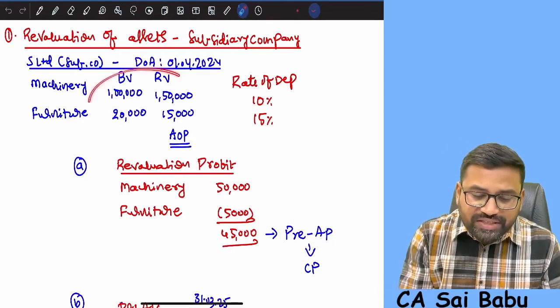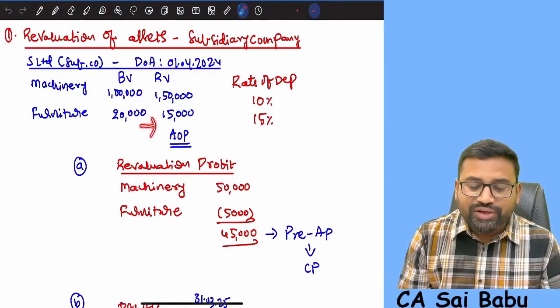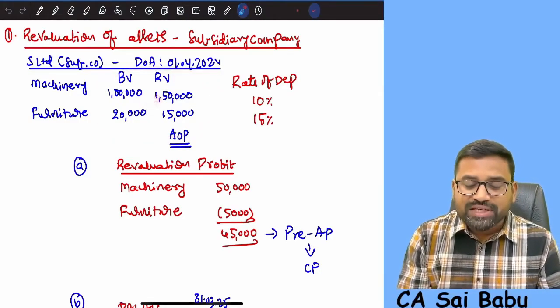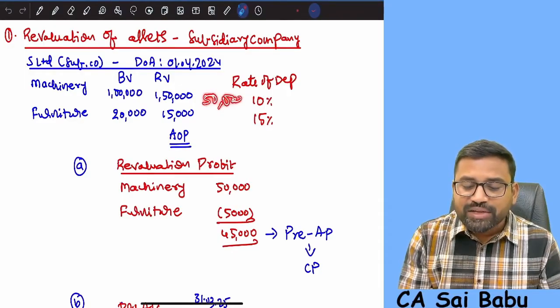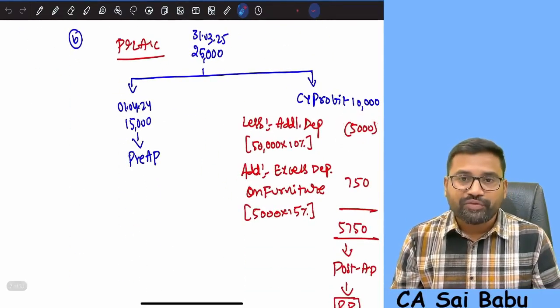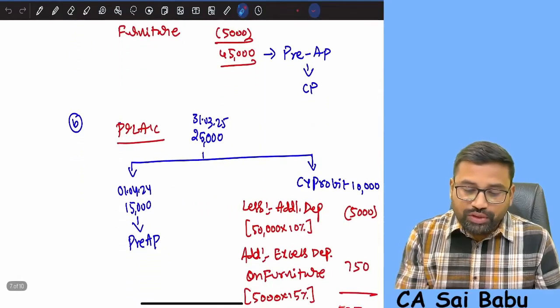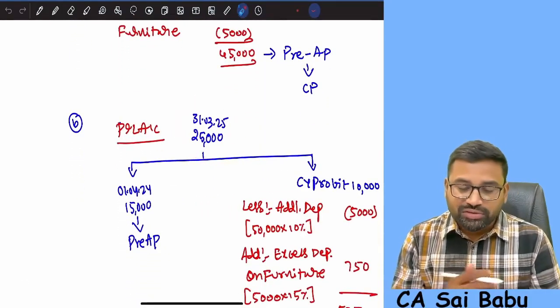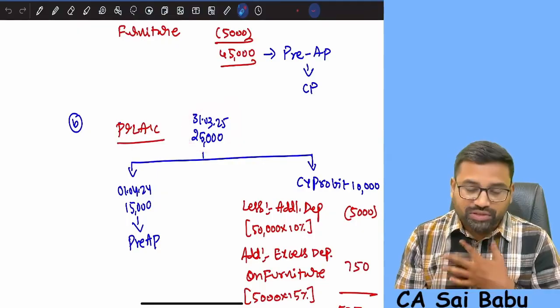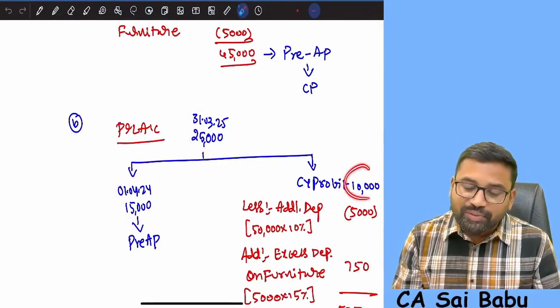Now because of this revaluation, what happened? Machinery value increases, furniture value decreases. If machinery value increases by 50,000, on that additional depreciation of 10% will come. So 5,000 will be the additional depreciation, which is going to reduce my current year profits. That is post-acquisition profits. Okay. So in the question, suppose they have given P&L account closing balance 25,000, opening balance 15,000, the entire opening balance being pre-acquisition profits. So current year profit is 10,000.